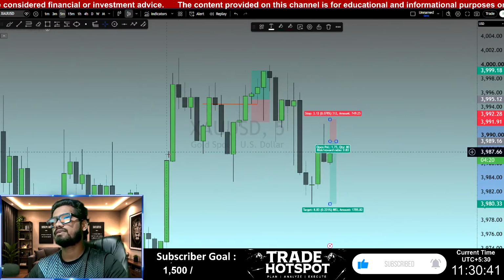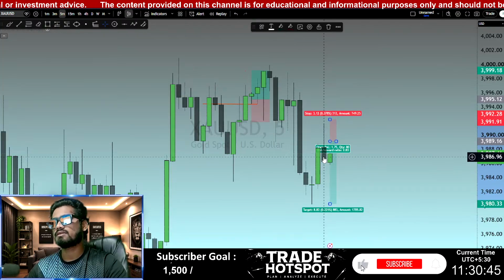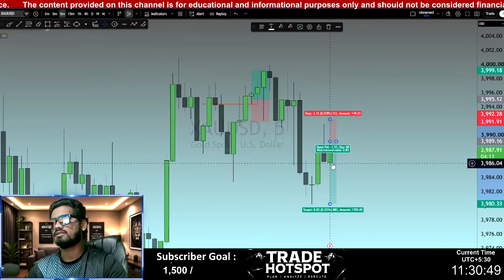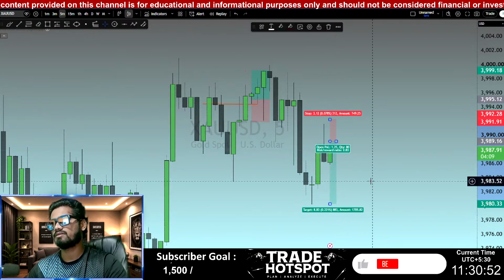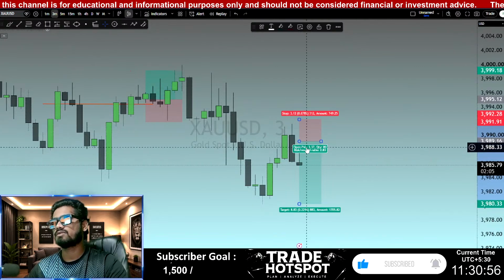Okay guys, why I'm entering here, this is a rejection from top side here, right? So this can be just a retracement. After that there can be a downside movement in the gold. So because of that I'm trying to enter in this area.